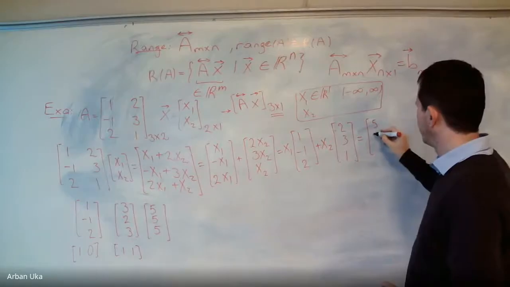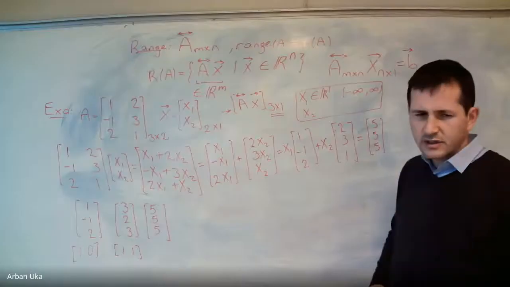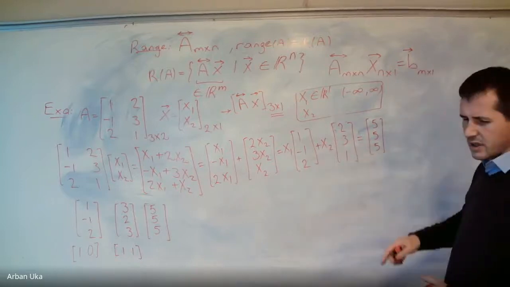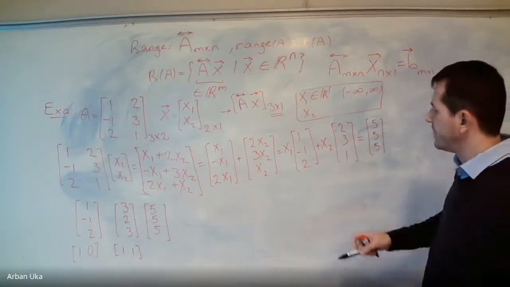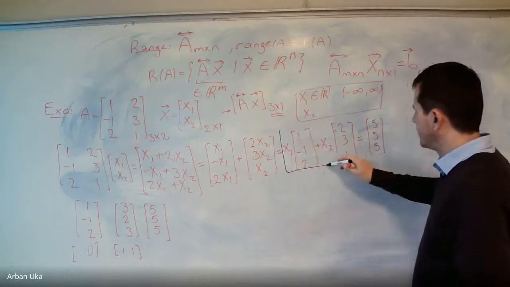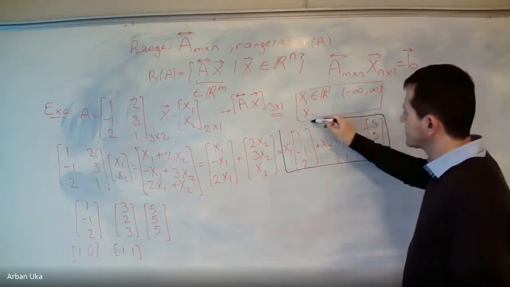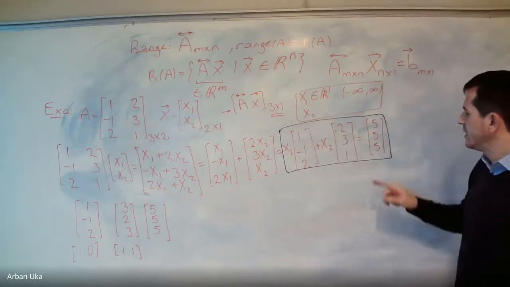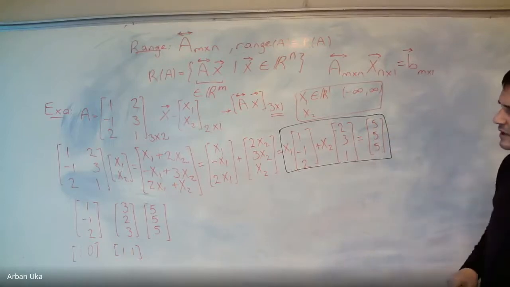I would equal this to x1, x2 times that equation, and then I'll try to find x1 and x2. That's correct. So we equal these and we say if we can find a value of x1 and a value of x2 that satisfies this equation, then this 5, 5, 5 is in the range of A.